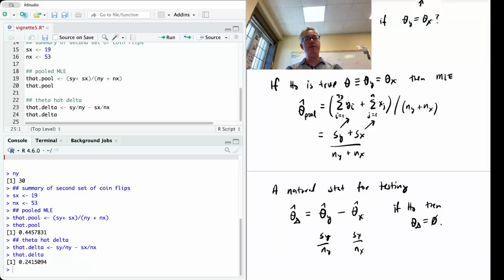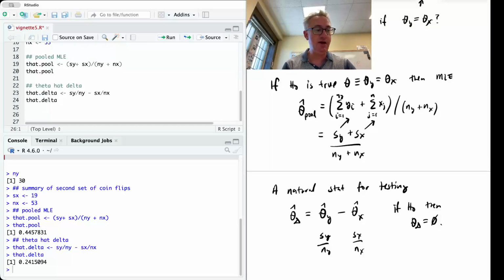And if the null hypothesis is true, that number should be close to 0. And it is closer to 0, but we need to understand the sampling distribution of that quantity under the null hypothesis in order to make that determination and decide whether to accept or reject the null hypothesis.